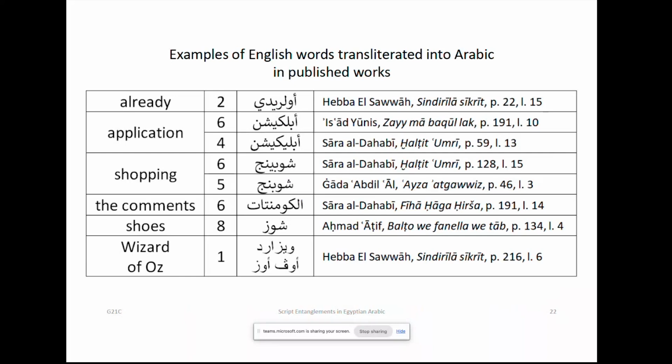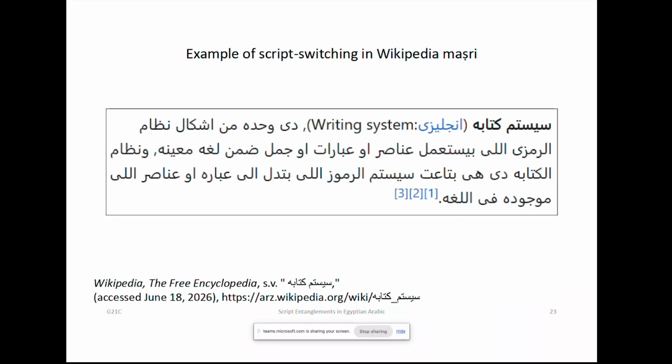In writing, in addition to the already mentioned transliteration from English to Arabic, we observe in the corpus a phenomenon of script switching, which therefore implies the use of another visual code. The motivations are varied. In Wikipedia Masri, the meaning of the term, often a neologism, used as the article title, is regularly clarified at the beginning in Latin characters, often with the English equivalent.